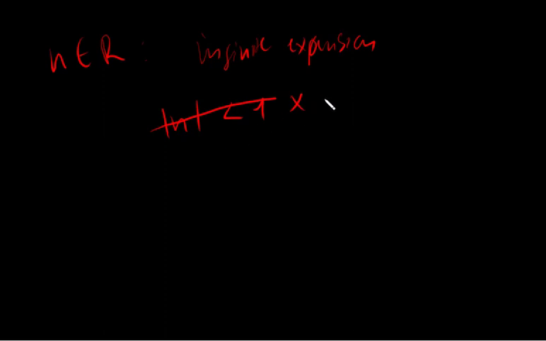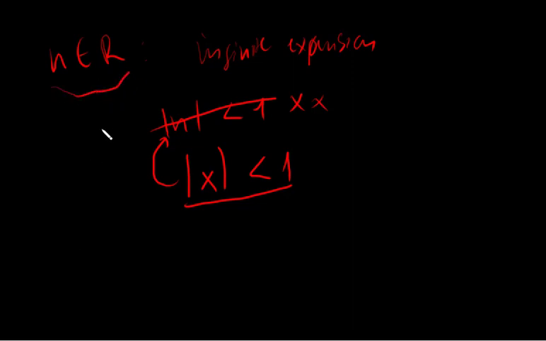This is wrong. The fact is that the modulus of x must be smaller than 1, not n. So this is the condition for the general binomial expansion to work when n is a real number. So the modulus of x is smaller than 1, not the modulus of n.